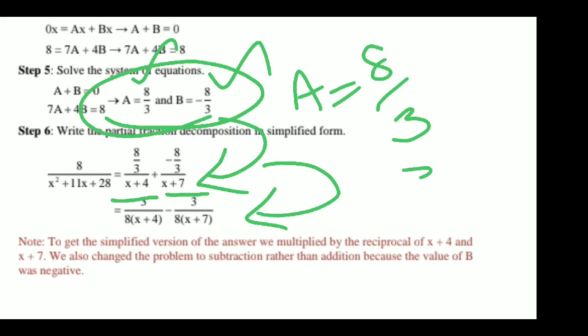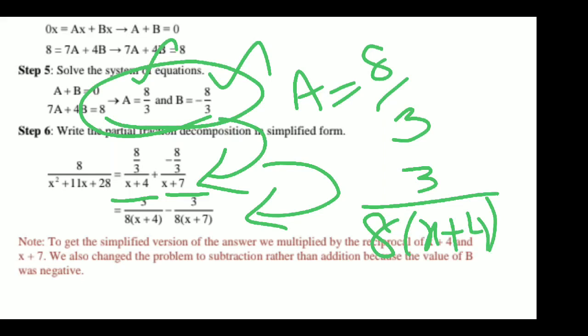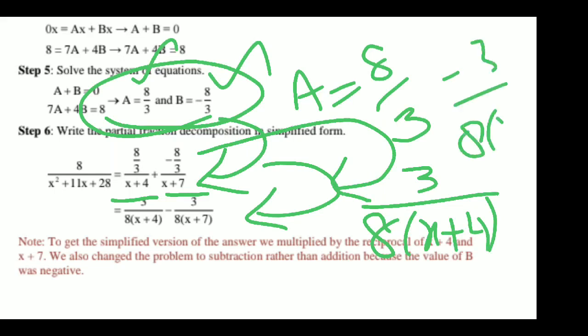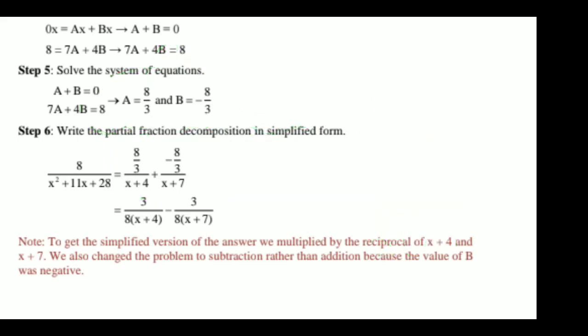So 8 by 3 becomes 3 by 8 and the denominator remains the same, x plus 4. Similarly, minus 8 by 3, what will you get here? Minus 3 by 8, denominator x plus 7 remains the same. So likewise, you solve this problem, and finally after substitution of the values of a and b, you will get the required partial fraction.